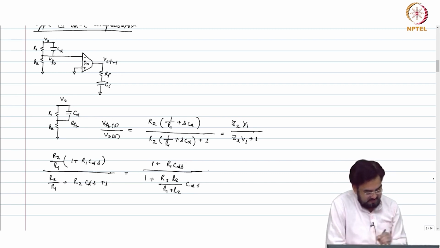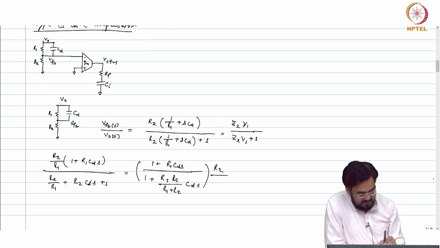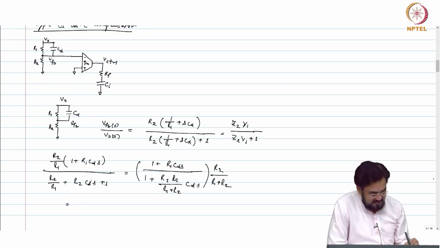DC gain is R2 by R1 plus R2, which is nothing but beta.